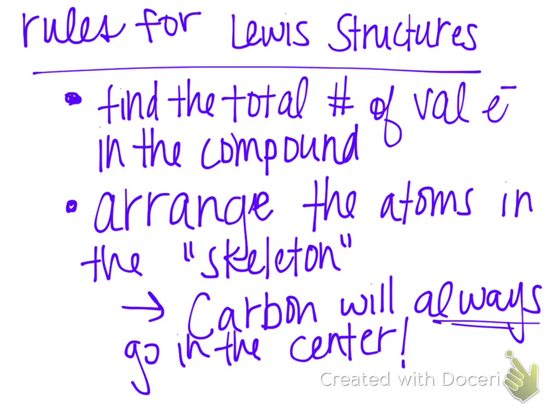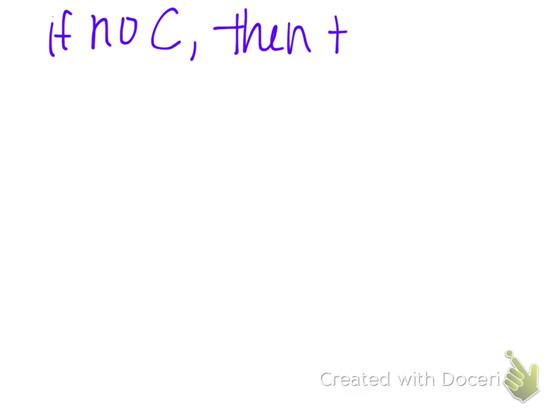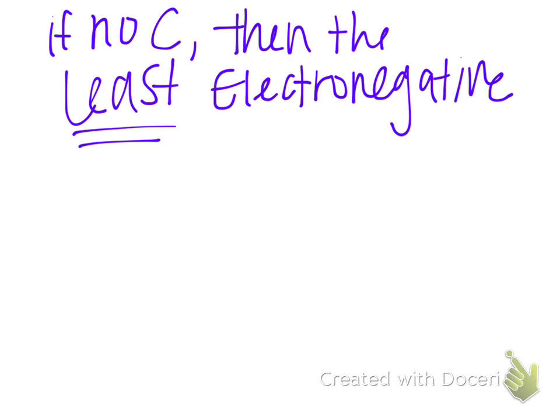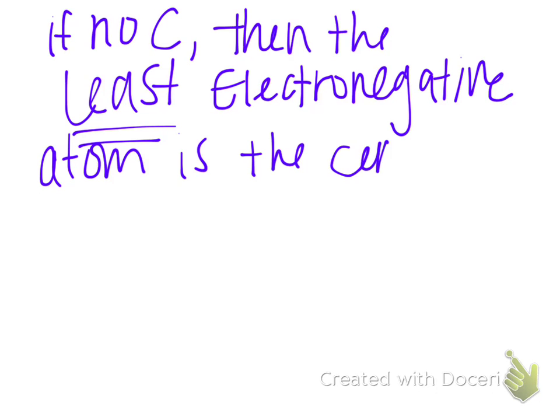So what happens if you don't have carbon in your molecule? If you have carbon, it always goes in the center. If you don't have carbon, then the least electronegative atom is the central atom.